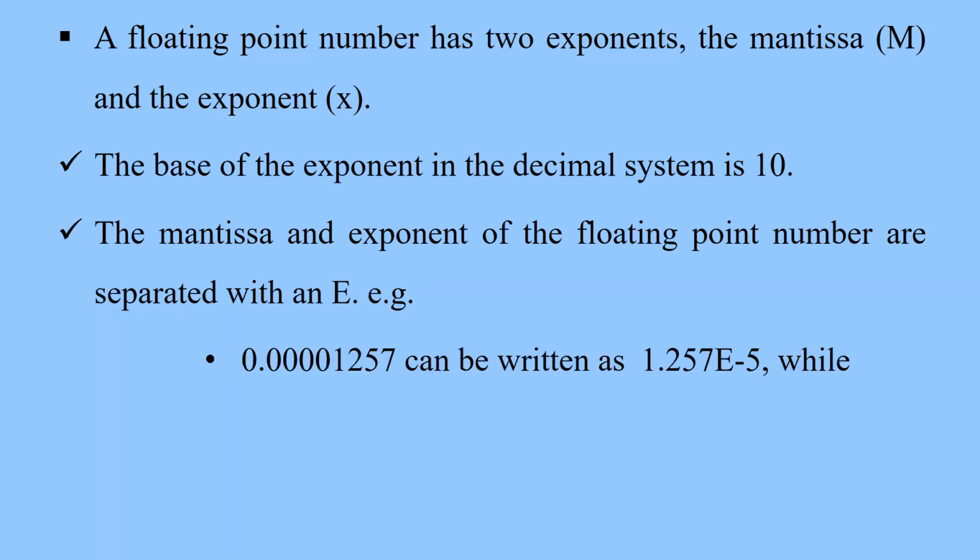For example, 0.00001257 can be written as 1.257 raised to power -5. I have been saying it that way, and some people read this statement as 1.257 raised to power -5.